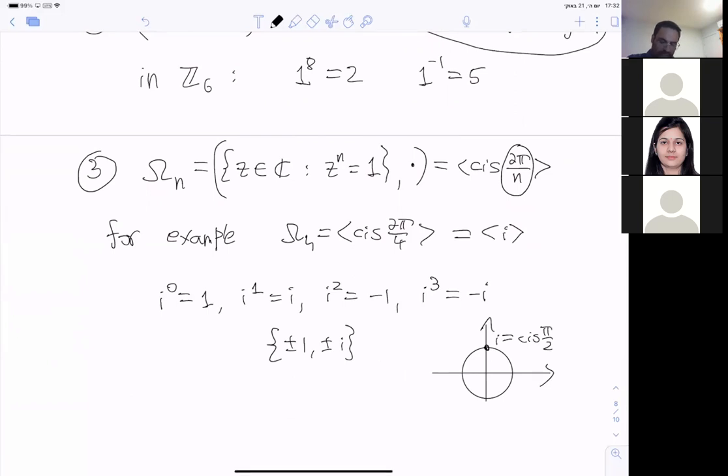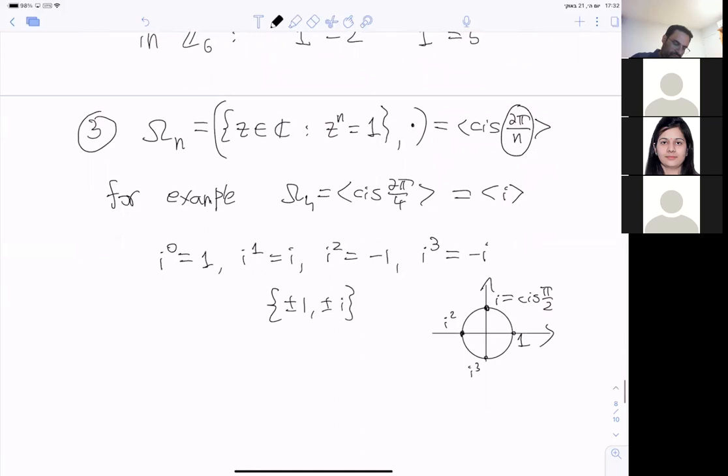And then its square will be here. Okay, and then you get back to 1. So the only thing that matters is the angle where it appears the first time, but then you do it n times and go back to 1. So this is also cyclic.